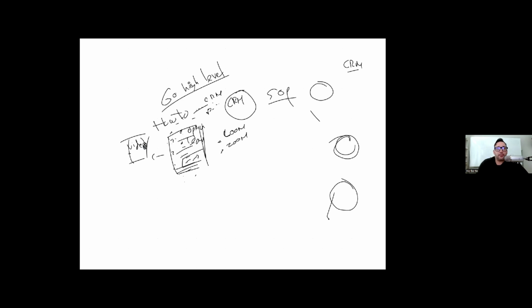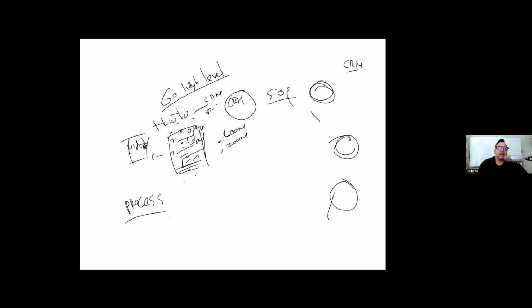Now, what is a process? A process is a sequence of activities to achieve a business outcome. It provides a general overview of these activities. Now, what is an SOP? An SOP is a documented, specific guide on how that activity is performed.